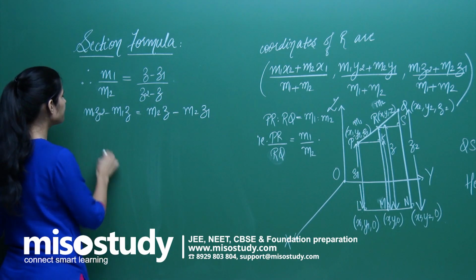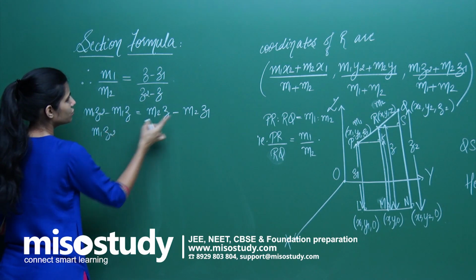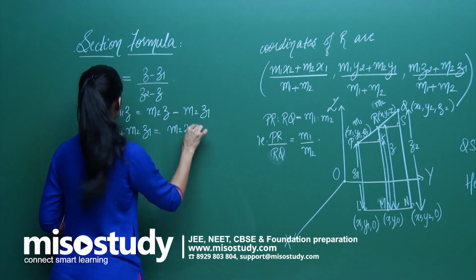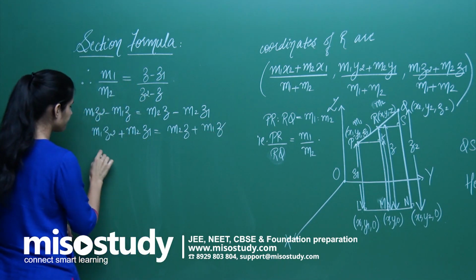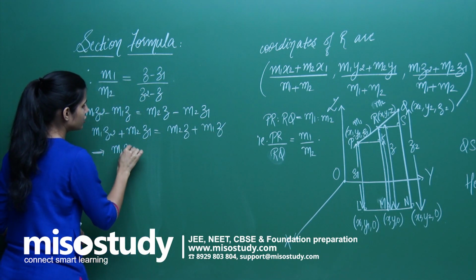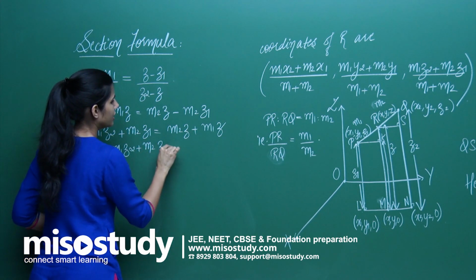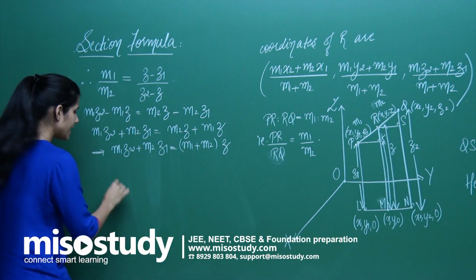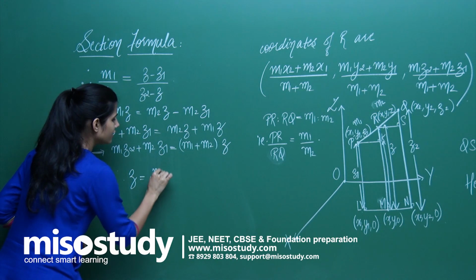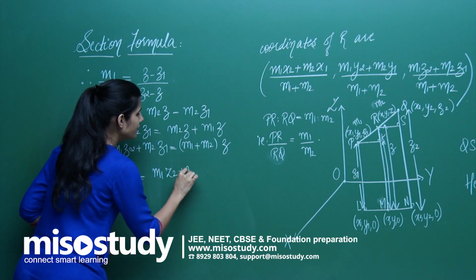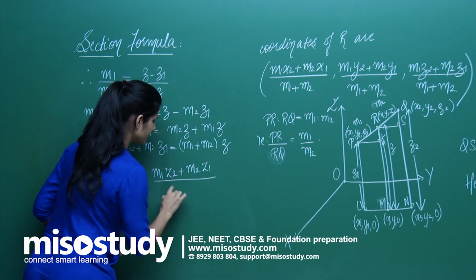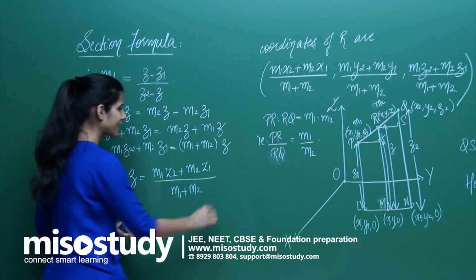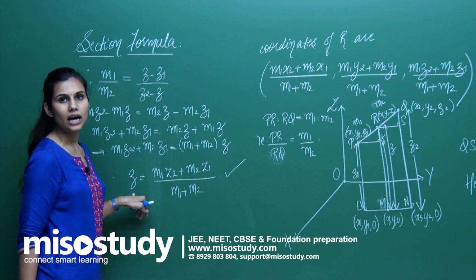I've just cross multiplied. Now m1z2 plus m2z1 equals m2z plus m1z, which gives m1z2 plus m2z1 equals (m1 plus m2) times z, and therefore z is equal to (m1z2 plus m2z1) upon (m1 plus m2). And this actually is the z coordinate of point R.